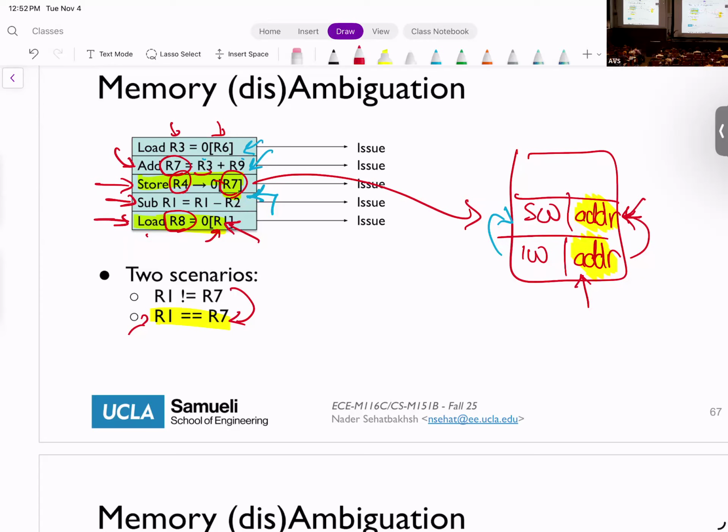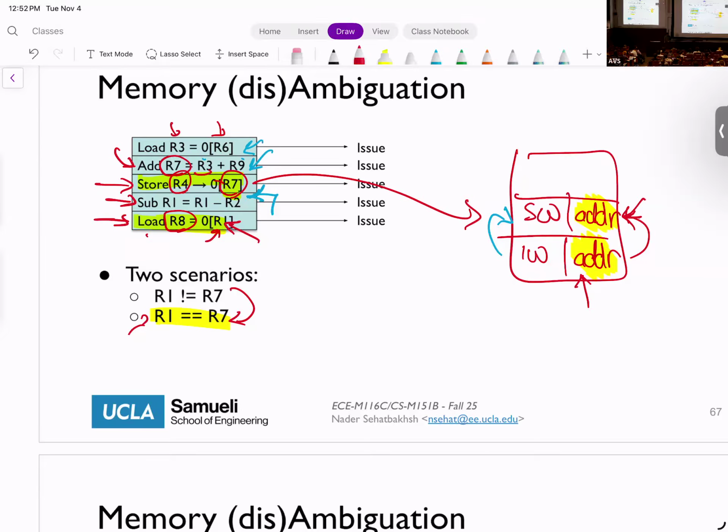You can check it in the LSQ to see whether these two values are the same. If they are the same, you made a mistake. So you flush everything from the load onward. Remember the coloring? You color all the instructions that use the value of the load word. You squash them all from your pipeline and from the ROB and from the reservation stations and everything.